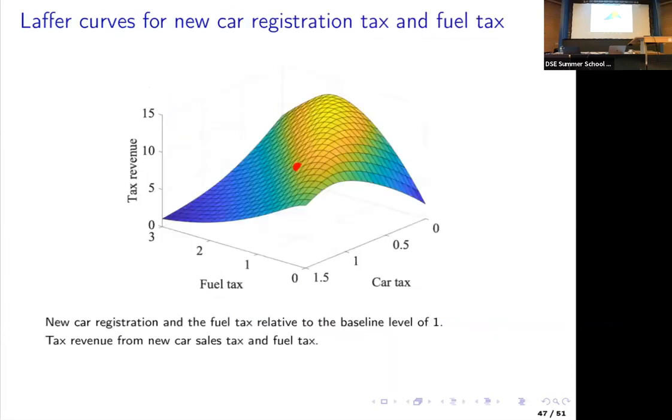This is the car tax, this is the registration tax, and the fuel tax. The red dot is the baseline. That's where we are now, and you can see that indeed, if you decrease the car tax or fuel tax, this plane increases. This is tax revenue. This is the indication that Denmark is indeed on the other side of the hump in the Laffer curve.